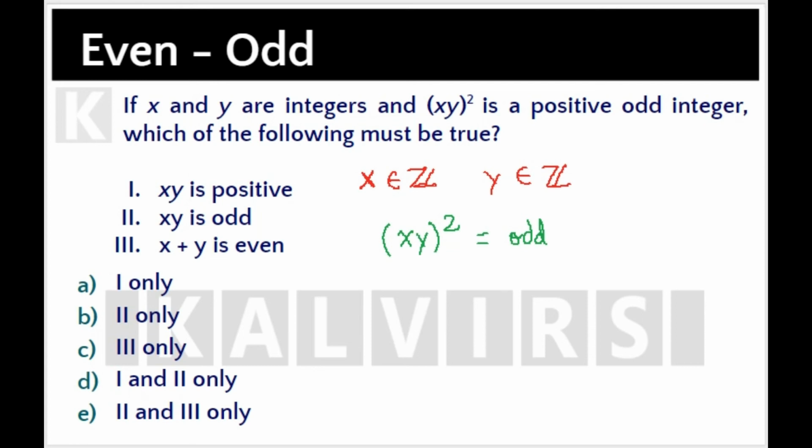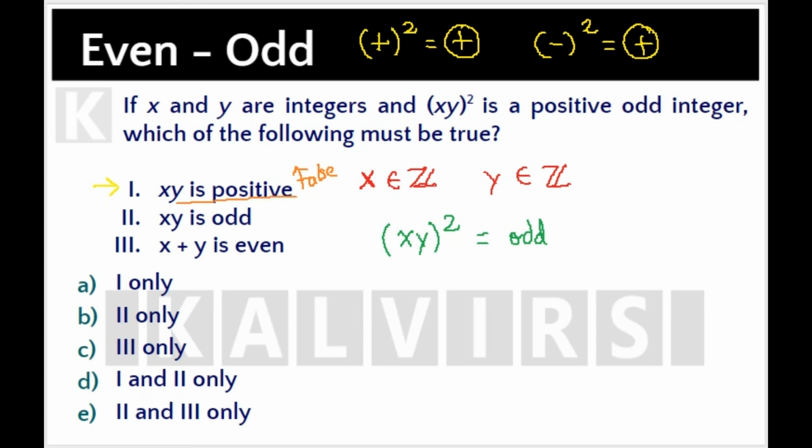According to the sign rules, any positive number squared is always positive, and any negative number squared is always positive. Therefore, number 1, x times y is positive, is false. We cannot determine this information. x times y can be either positive or negative.